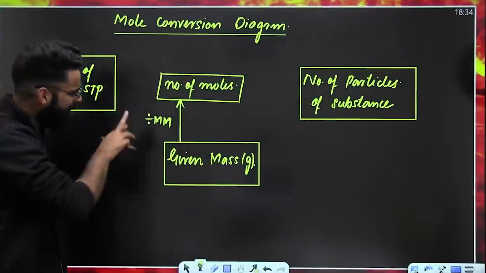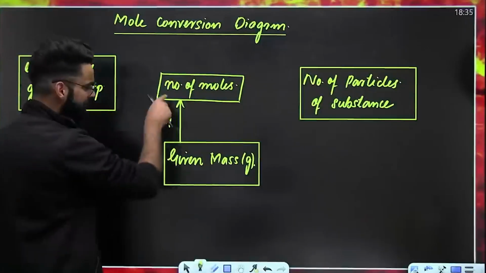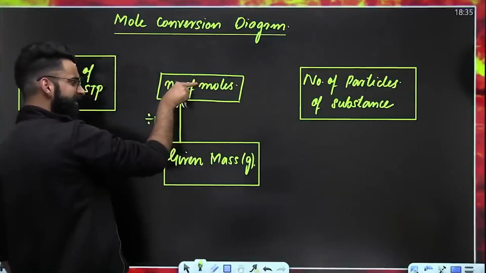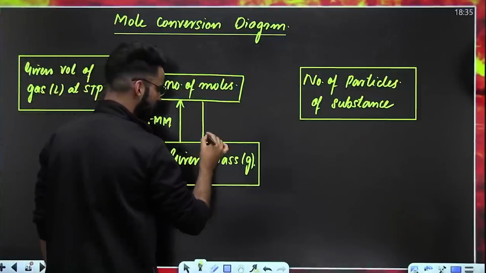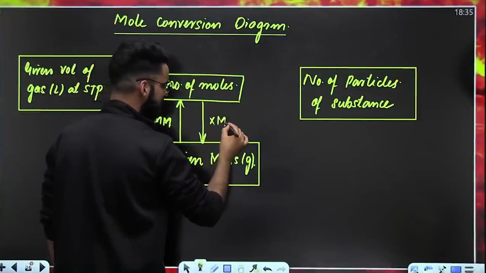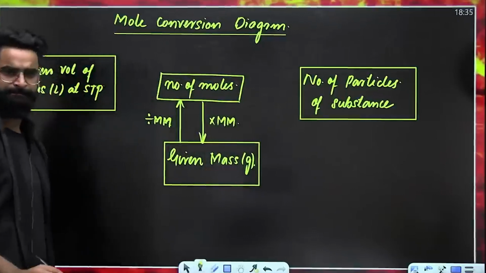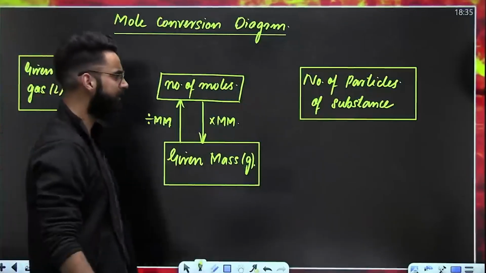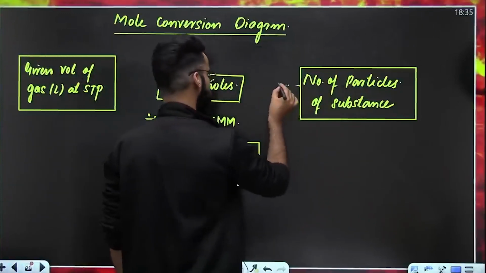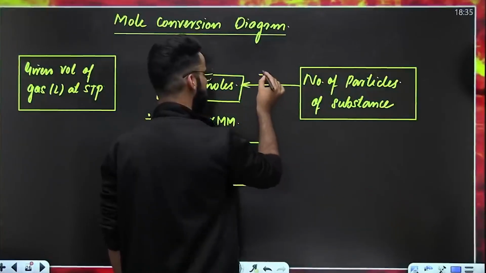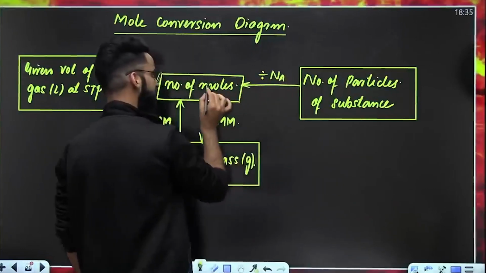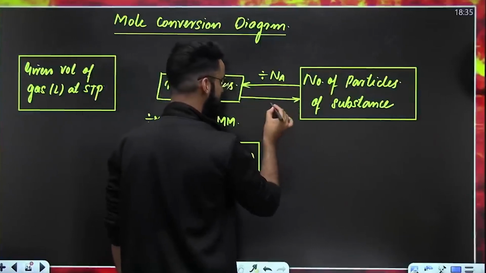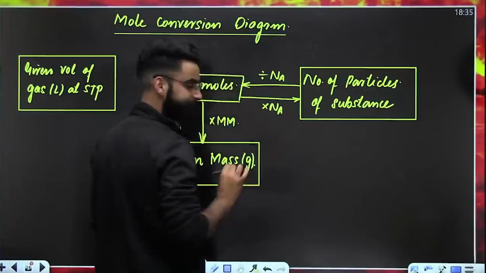If I do the reverse, if moles are given and we have to convert moles into mass, I'll multiply moles by the molar mass of the substance to get the mass. Similarly, if number of particles is given, I'll divide the number of particles by Avogadro's number to get the number of moles. Or if moles are given and particles are to be calculated, then moles multiplied by Avogadro's number.